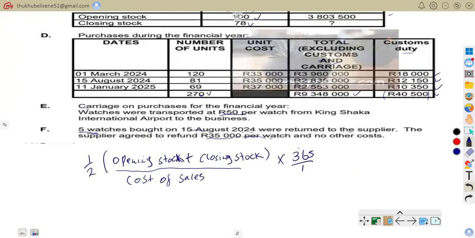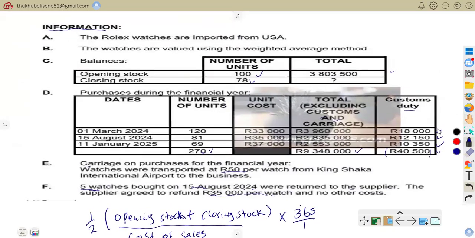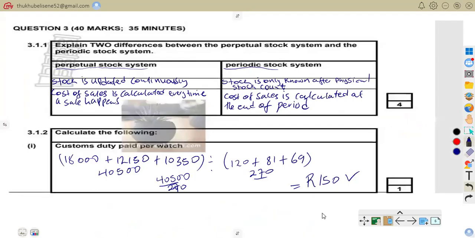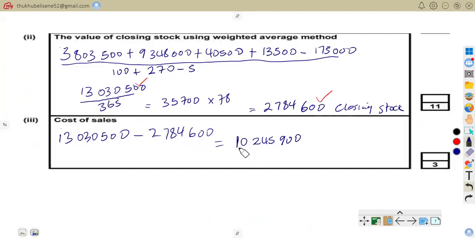Here is our opening stock: 3,803,500. How much is our closing stock? Because you're going to add the closing stock. We have already calculated the closing stock, and this is the amount.